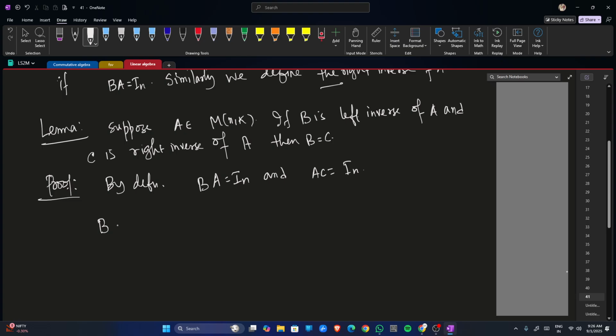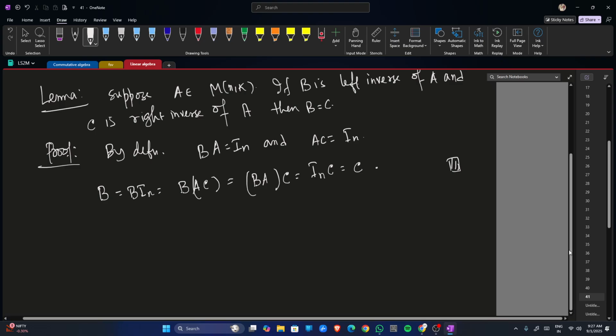Now B equal to B of identity equal to B(AC) equals (BA)C, since multiplication is associative, identity times C equal to C. Done. Easy proof. Okay.